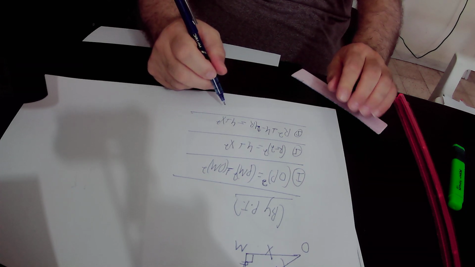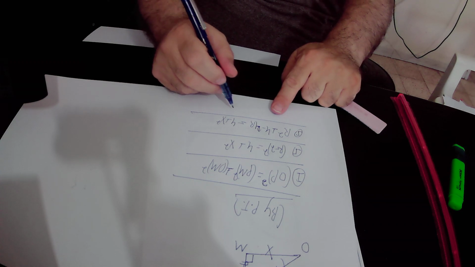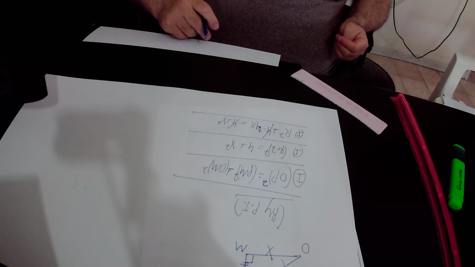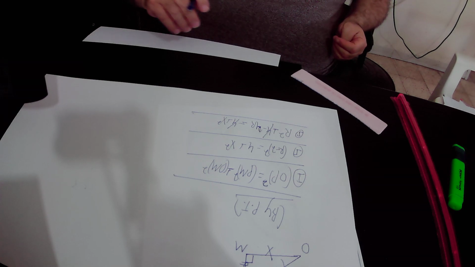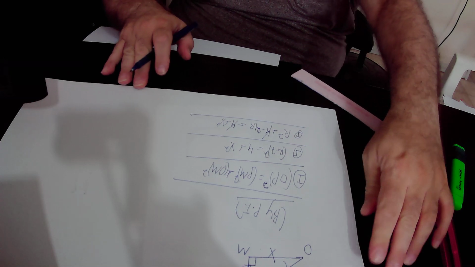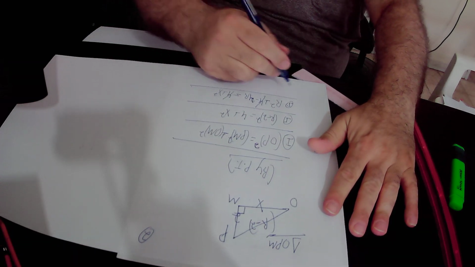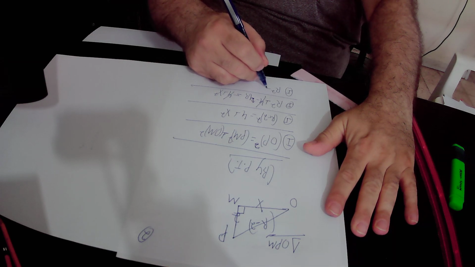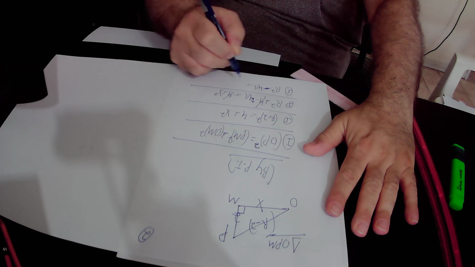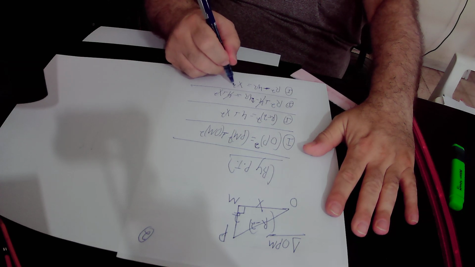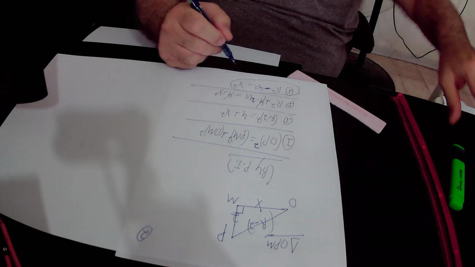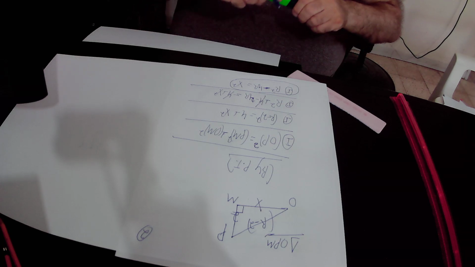Here we have 4 on both sides of the equation, so 4 will cancel. What is left from equation number 1 after cancelling 4 is R squared minus 4R equals X squared. So we found that X squared equals R squared minus 4R.